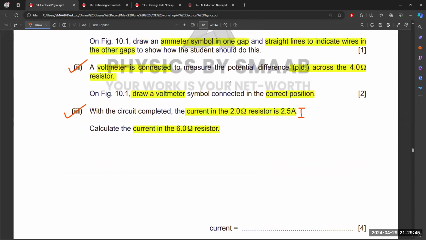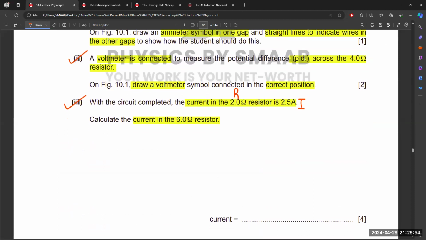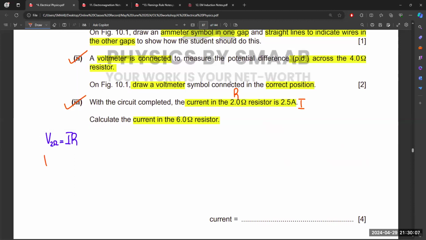So first of all, we know about resistance and current, right? So first we find out the voltage through this resistor. So voltage through the 2 ohm resistor is equal to I into R, which is 2.5 into 2.